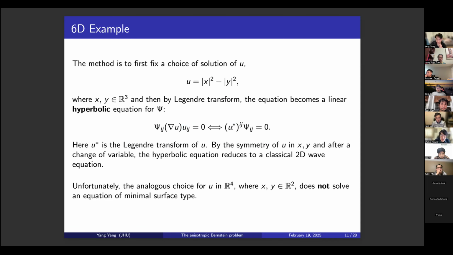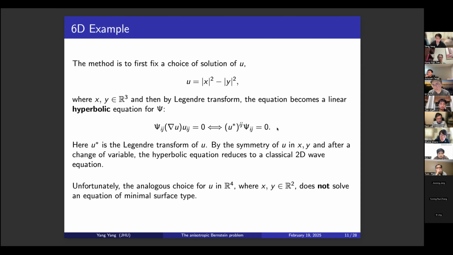At this point, he just solved the Cauchy problem for this linear hyperbolic equation. The reason it's hyperbolic is because this function is of saddle shape, so the Hessian of this transform has positive signature, and it becomes a hyperbolic problem.